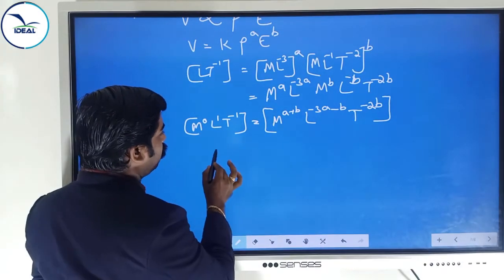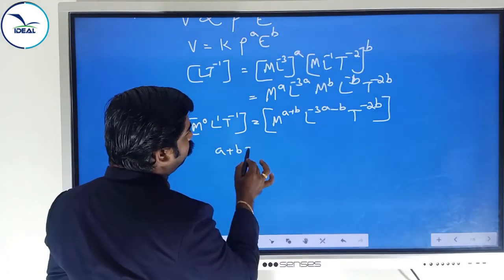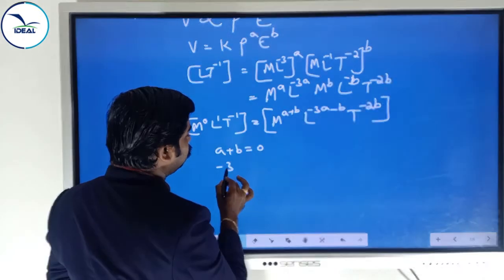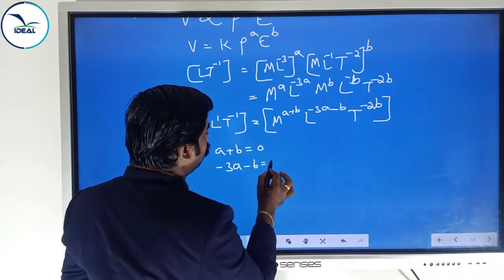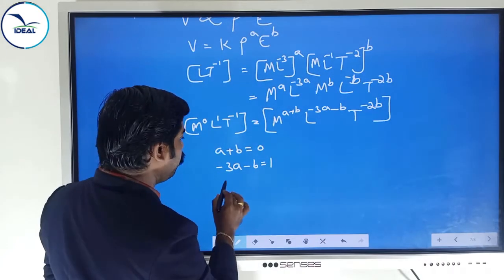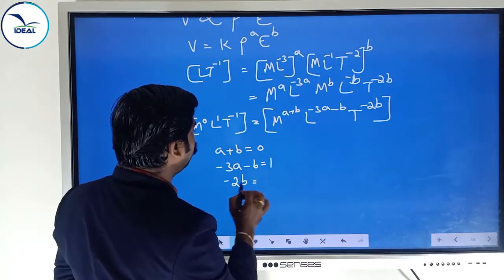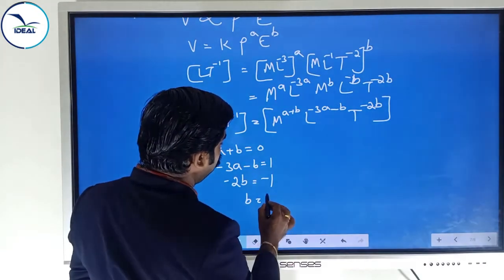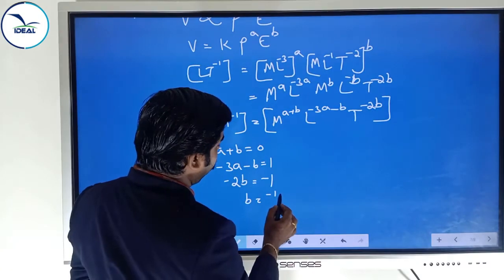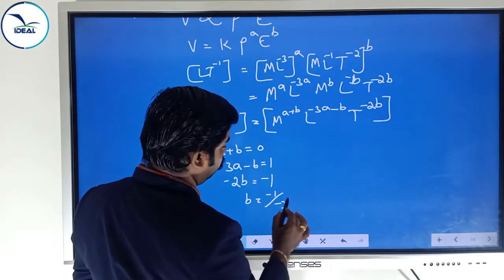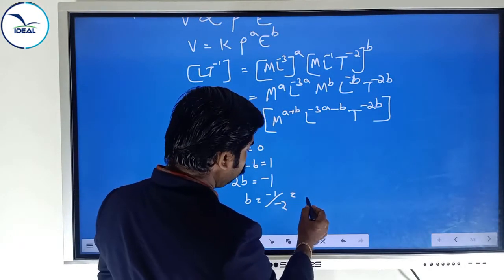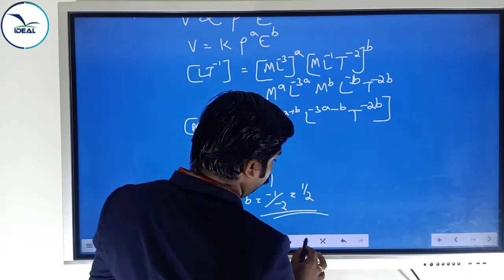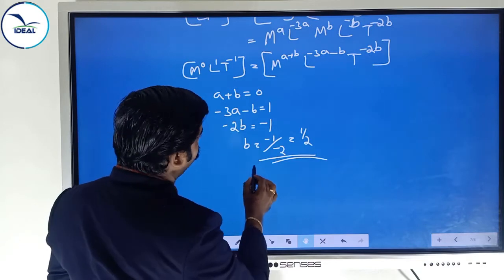So A plus B equal to 0, minus 3A minus B equal to 1, and minus 2B equal to minus 1. So B equal to minus 1 by minus 2, that is, B equal to 1 by 2.